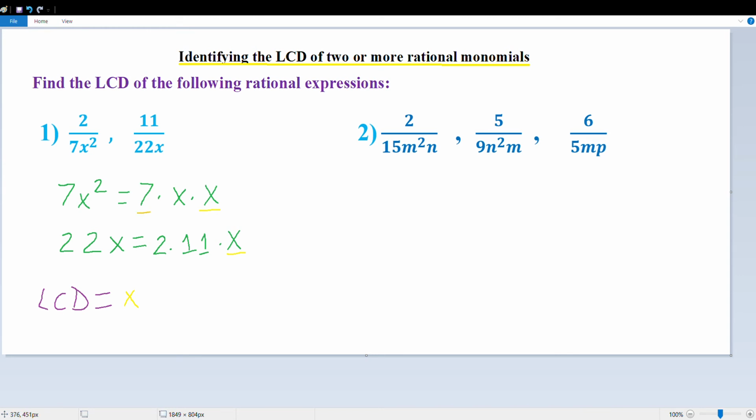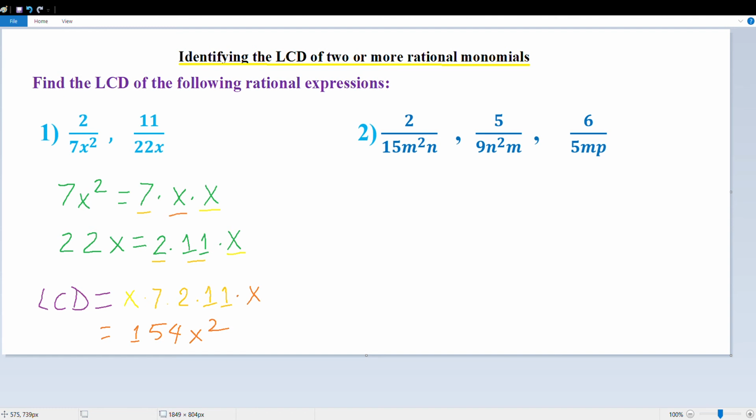So here we have 7 times 2 times 11, and we also have one remaining x here, so times x. 7 times 2 times 11 would be 154, and then we have x times x, which is x squared. So the least common denominator for the given pair of monomials for the first problem would be 154 x squared.